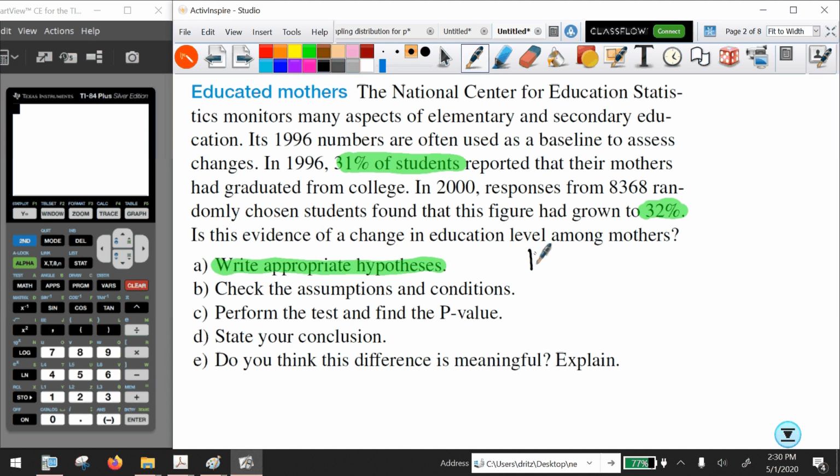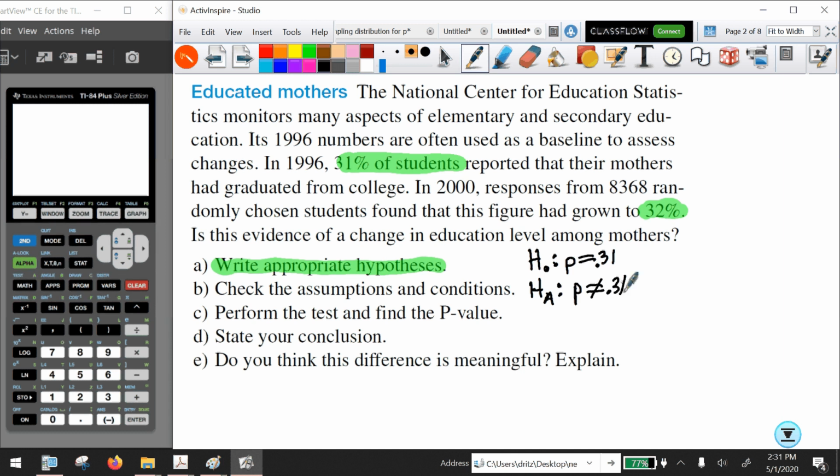Our null hypothesis is the boring condition that the proportion of students whose mothers graduated college did not change and it's still equal to 31%. And our alternative hypothesis, H sub A, is that it has actually changed. So I'm just going to use p does not equal 31%.